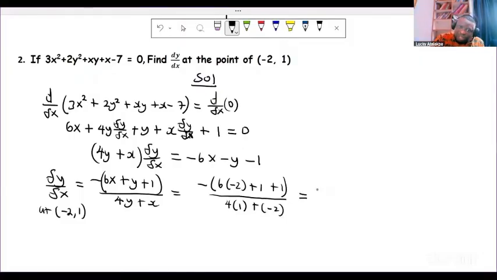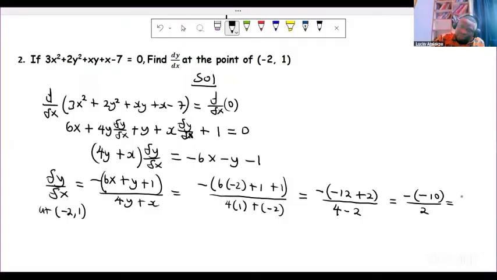So now this is still minus 6 times negative 2 is negative 12. 1 plus 1 is 2, over 4 times 1 is 4. Plus times minus is minus, that's minus 2. So I have minus 12 plus 2 is negative 10 over 4 minus 2 is 2.